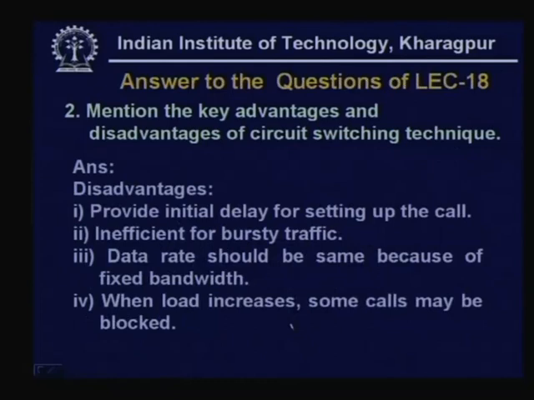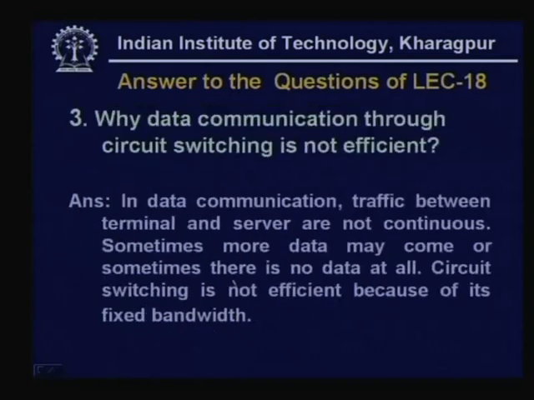The disadvantages are it provides initial delay for setting up the call, and as I mentioned, it is inefficient for bursty traffic. Another disadvantage is data rates should be same because of fixed bandwidth. Fifth disadvantage is when load increases, some calls may be blocked. That means it may not be possible to set up the link.